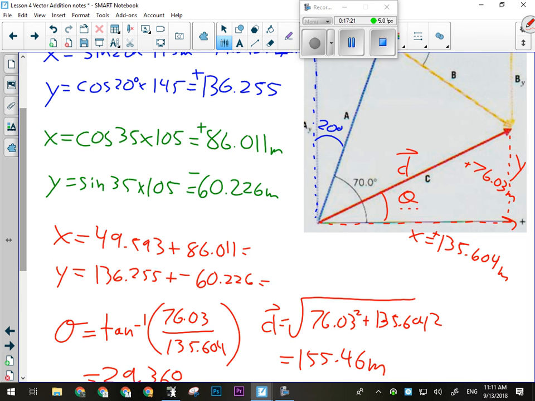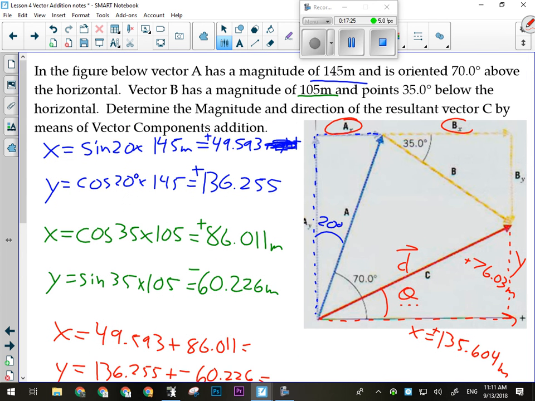So for me, I can't give north of east because they didn't actually tell me north and east. They referenced the x-axis. They said above the horizontal and below the horizontal. So this angle here would be above the horizontal. Unless we're actually given compass directions, we don't default to them. We have to go with what was given in the question.